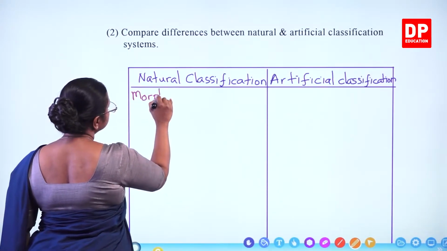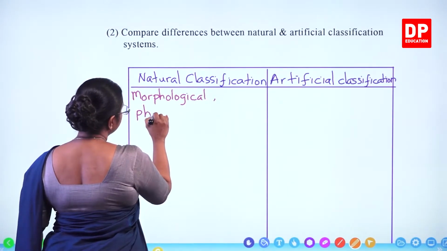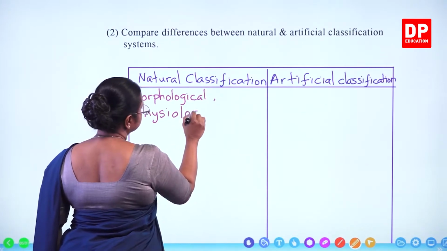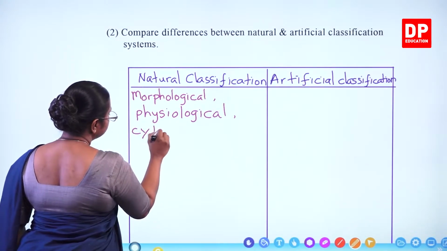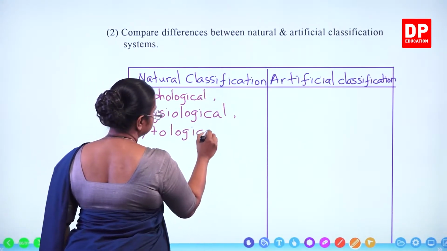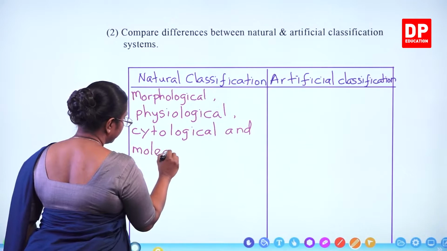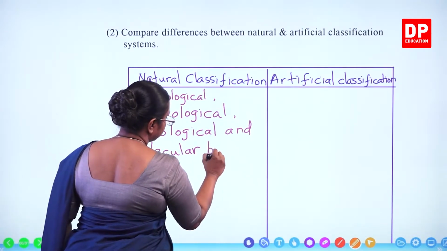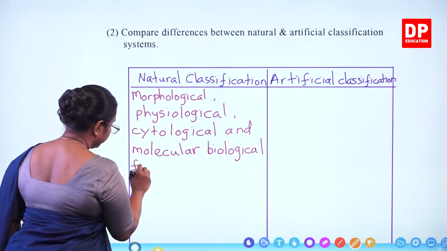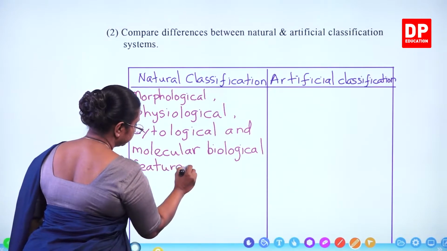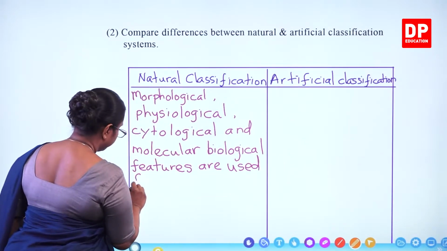Morphological, physiological, cytological and molecular biological features are used for classification.